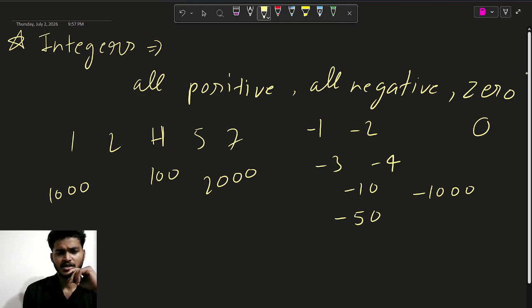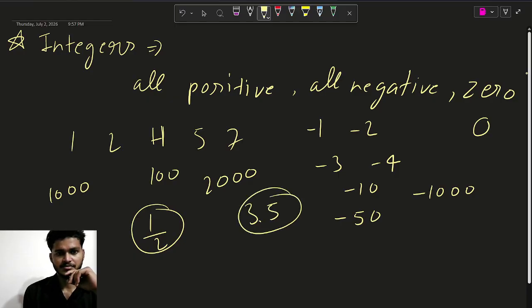Remember one thing, that integers cannot be fractions or decimals. Suppose I'm writing 1 by 2, so 1 by 2 is not an integer. 3.5 is not an integer. Either 3 is an integer or 4 is an integer.